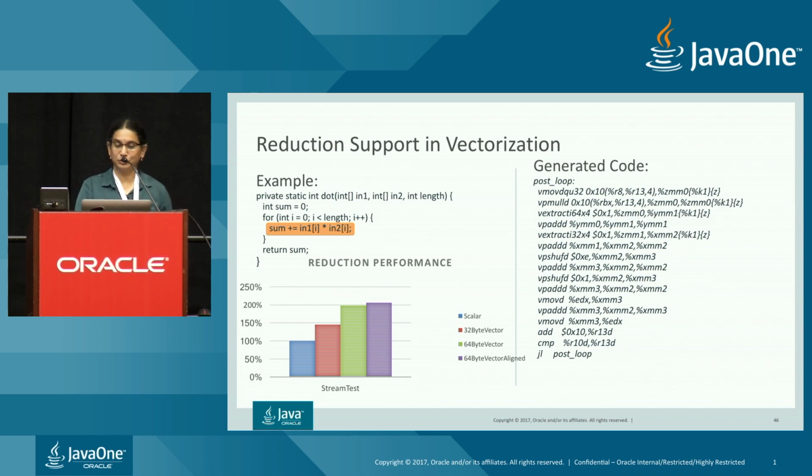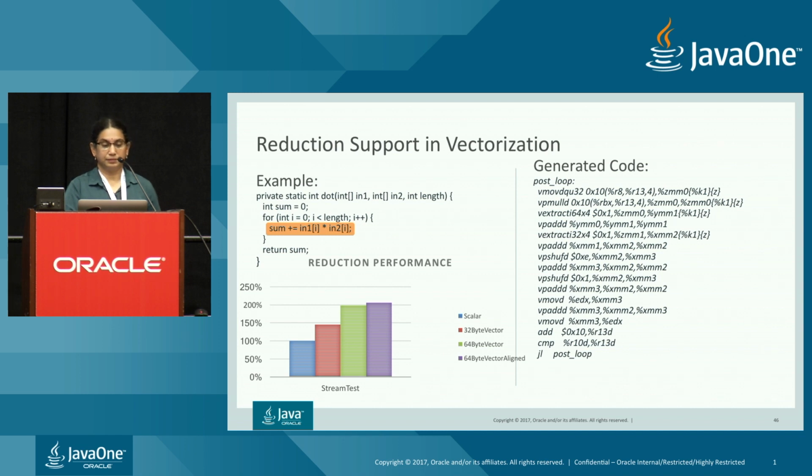Here I show the vector post-loop generated code, and you can see that the multiplication, VP mul LD, is a vector instruction, and the rest of the code is for the summation, the reduction operation. Summation is used extensively, for example, in convolution for image processing, the k-means algorithm, and matrix multiplication. Those can all now get auto-vectorized.